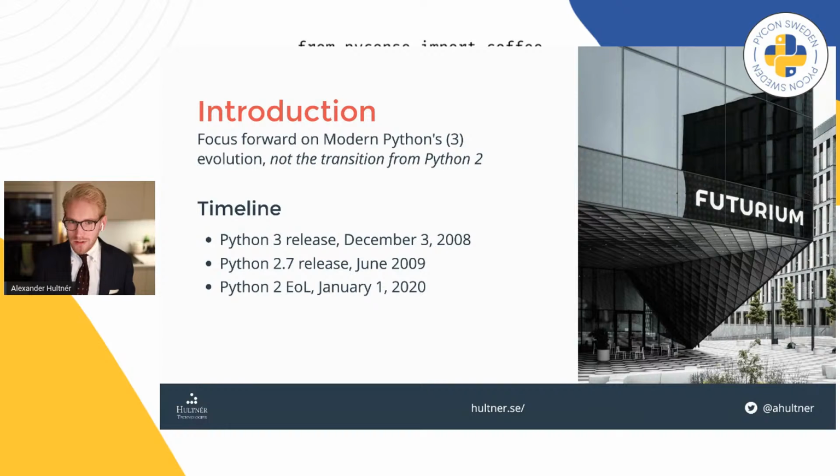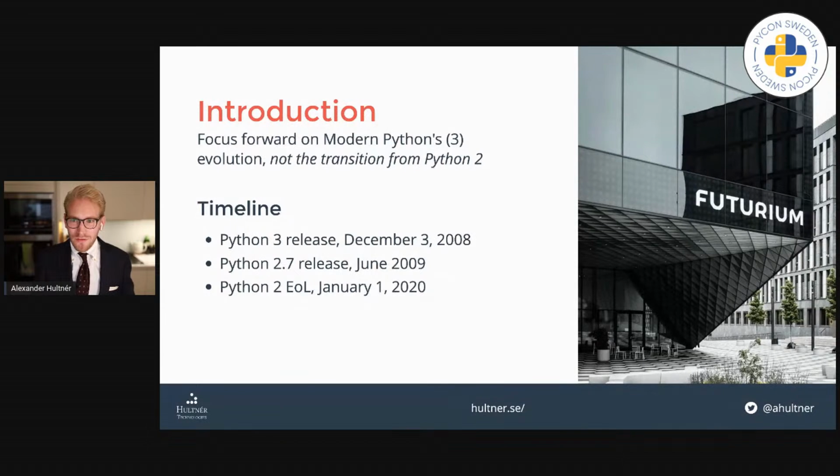So, a short introduction to my talk. This is the year that we left Python 2 behind. So this means that we can finally look forward. And therefore, I want to focus on all the great things that have been happening in Python 3, or in modern Python, as a lot of us like to talk about it.